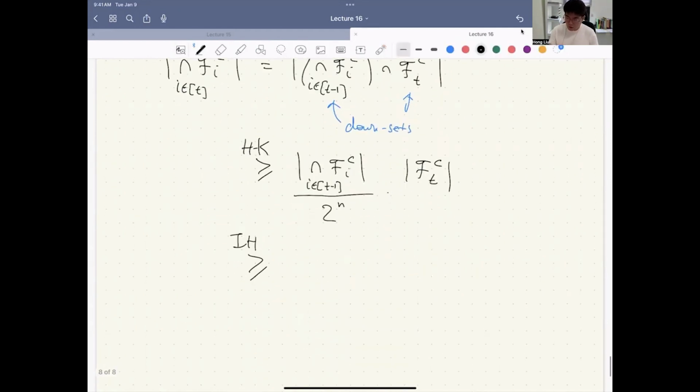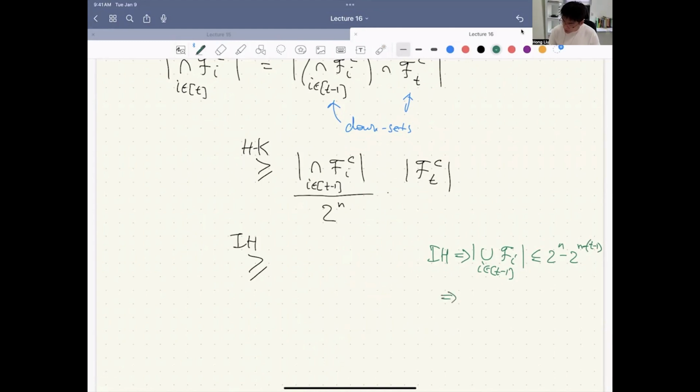The induction hypothesis says the union of Fi, i in t minus 1, is at most 2 to the n minus 2 to the n minus t plus 1.